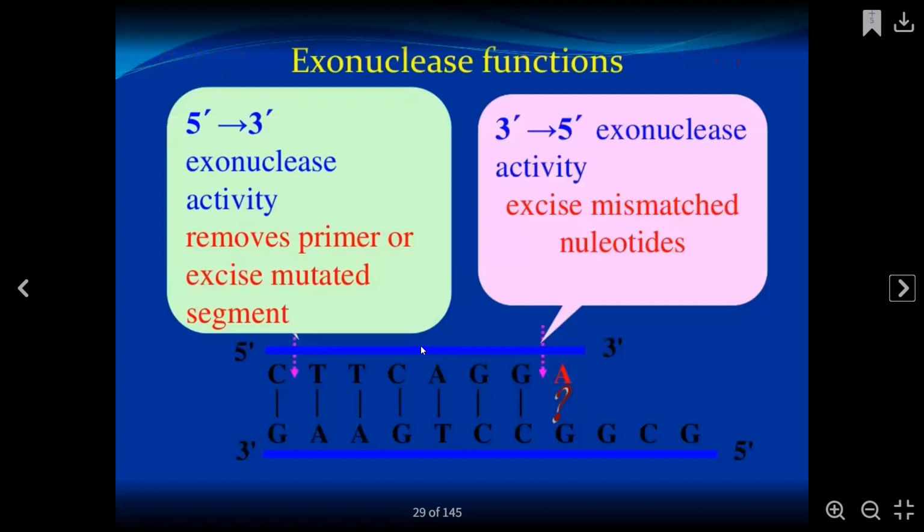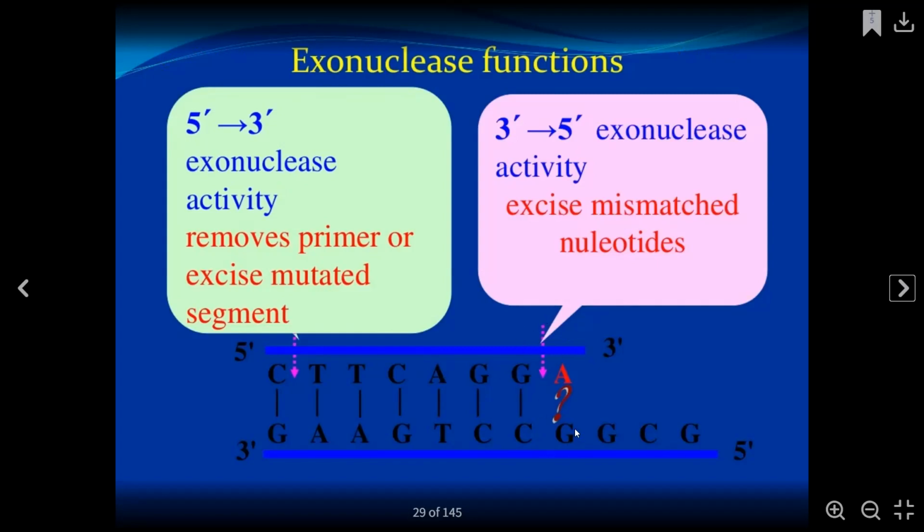Now, what is this exonuclease activity? The 5' to 3' activity removes the primer or excises the mutated segment. And in 3' to 5' exonuclease activity, they excise the mismatched nucleotide. Excise means removal.